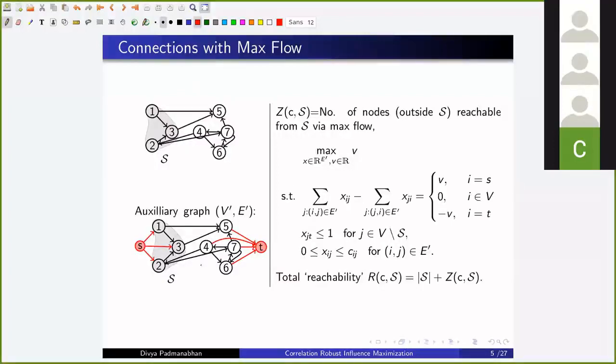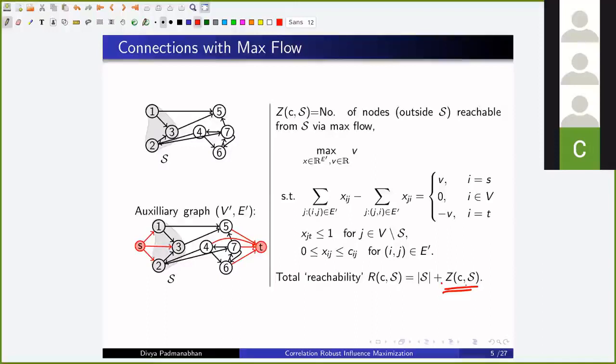What's the maximum flow from S to T? Assuming that the capacity of each of these arcs is 1 or Cij, depending on whether Cij is on or off, that gives you the number of nodes that you can reach from a seed set. So that is this value Z of Cs.